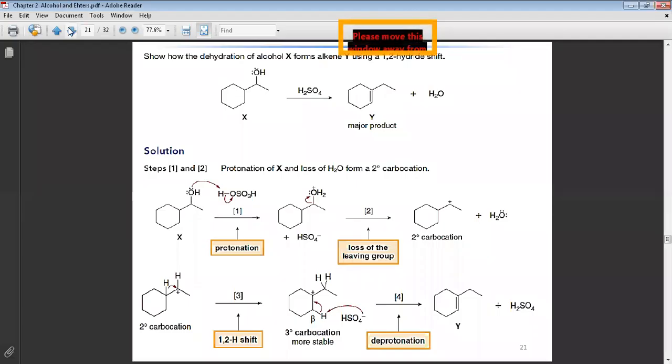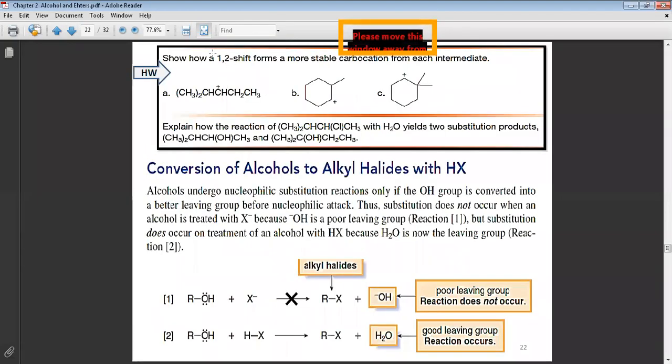Show how to shift to the more stable carbocation. Now look, he gives you this carbocation and wants you to shift to make a more stable carbocation. So it is just a rearrangement check.